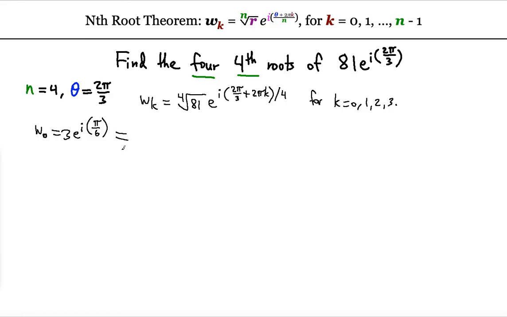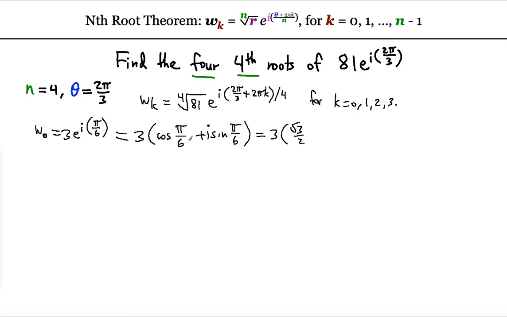Now I'm going to convert this from polar to trigonometric form. The modulus 3 stays there, so it's going to be cosine of pi over 6, the argument stays there as well, plus i sine of pi over 6. Now cosine of pi over 6 is radical 3 over 2.